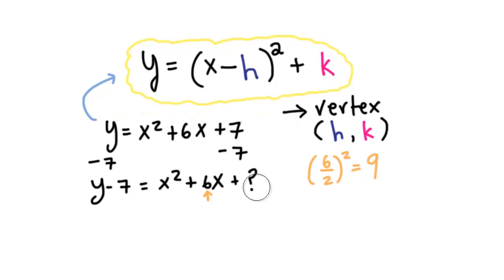But if we add 9 to the right hand side, we also have to add 9 to the left hand side. Right? So now our equation becomes y plus 2 is equal to x squared plus 6x plus 9.